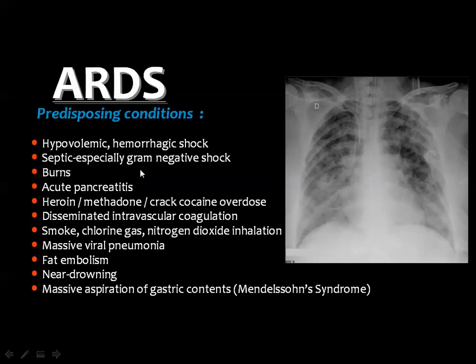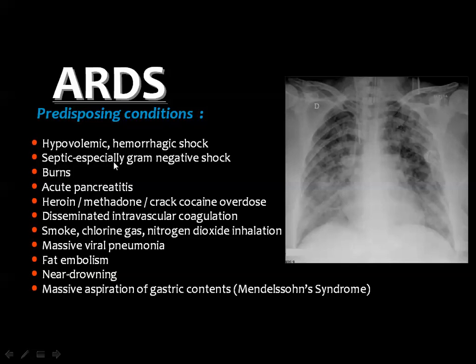These are the predisposing factors of acute respiratory distress syndrome, which are more or less similar to those that are contributing to acute alveolar edema. You remember the non-cardiac ones.